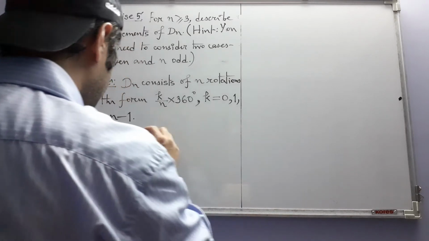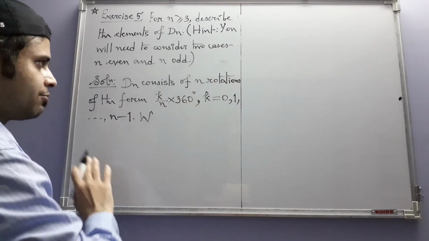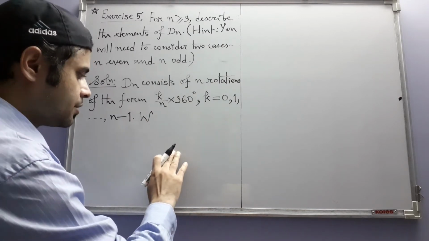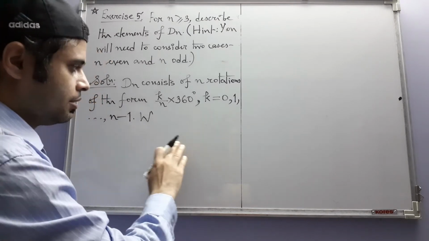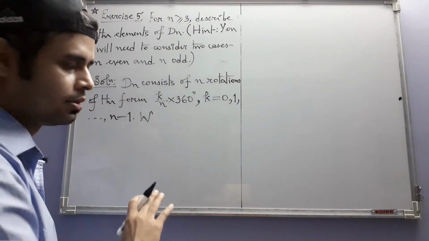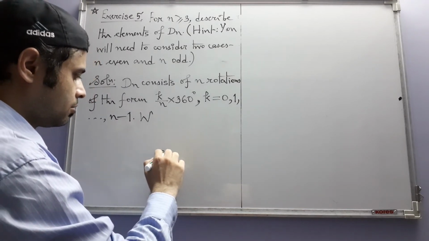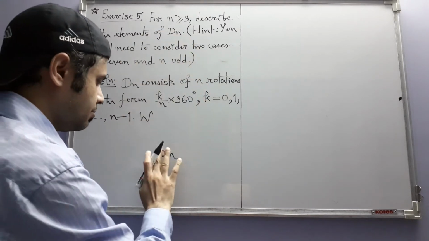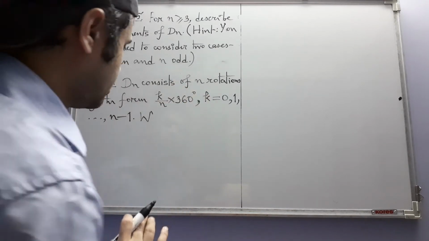That is only half of Dn. From the examples we have seen, D3 has 6 elements, D4 has 8 elements, D5 has 10 elements. So Dn has 2n elements, twice that number n. So n rotations give us only half of the elements.